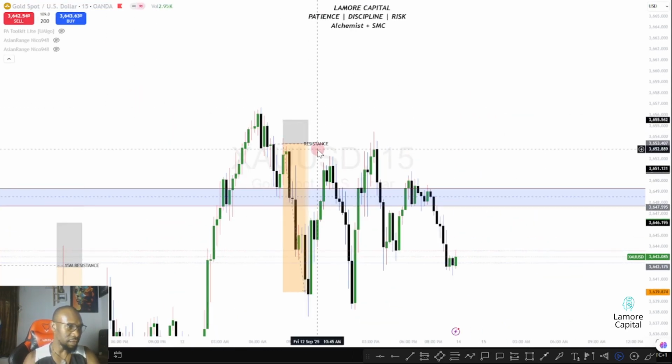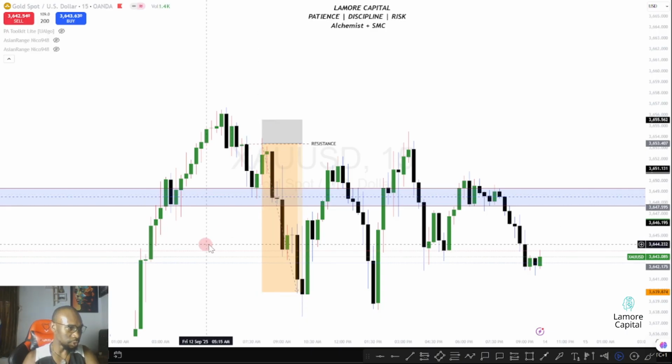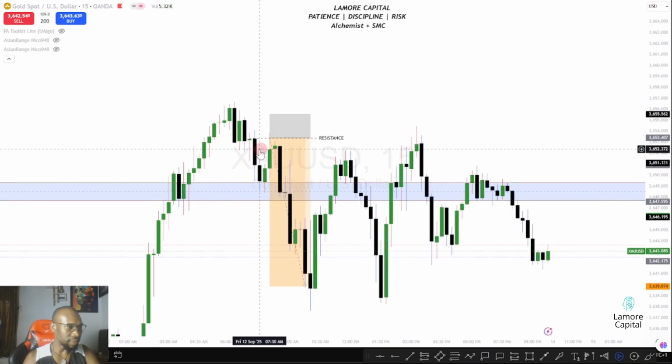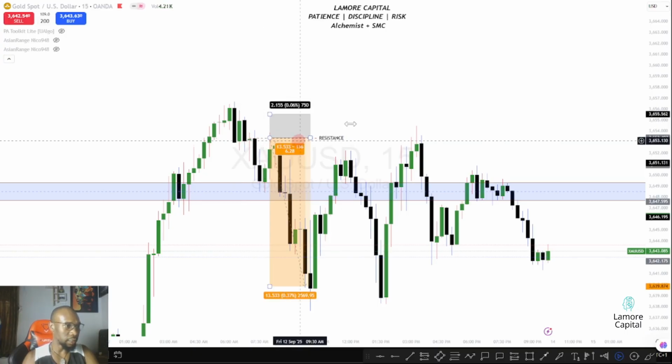So on the 15 minutes time frame, what happened at this particular junction? As you can see, we have a nice resistance here also. This is a resistance, and I'll also call this liquidity because it did not tap into the body candle. And if you notice, the body candle is very small, so I would be using the body candle, and that was what happened.